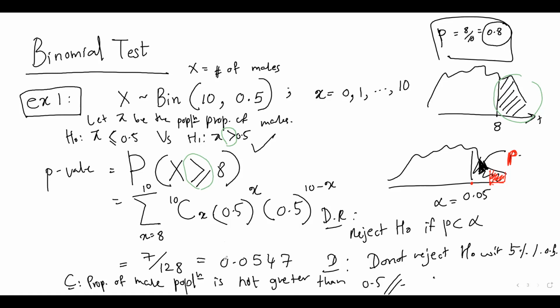You have done this. I don't know whether you did the same example last year, but you have learned this. So our intention here by using R is to avoid this particular part in calculating this p-value. It's just a matter of giving the arguments correctly to perform the binomial test, and it gives you out the p-value.